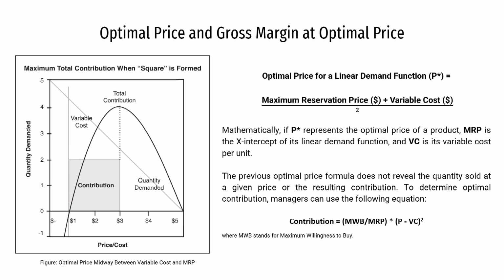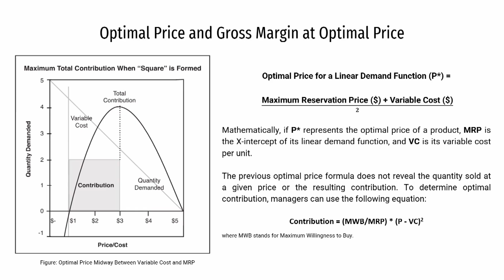In a way, maximum willingness to buy is the overall market size where the constraint of price is not imposed. So, it is MWB divided by the maximum reservation price, multiplied by the price set P minus the variable cost, whole square. So, this is a non-linear equation.